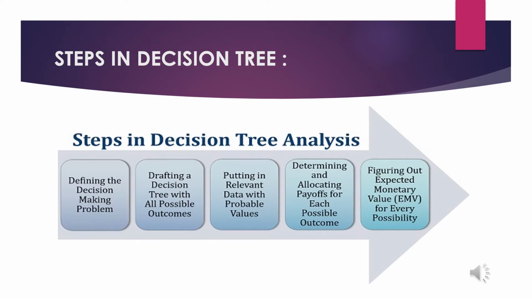That's the last step, or figuring out expected monetary value for every possibility. This, as I have shown already in a directional way, should be the ideal direction in which a decision tree analysis should be completed.